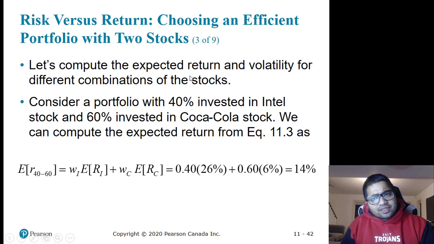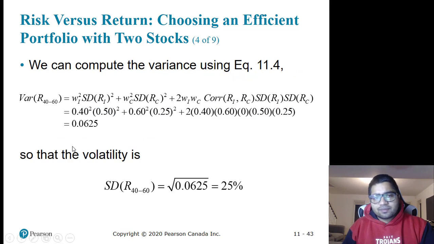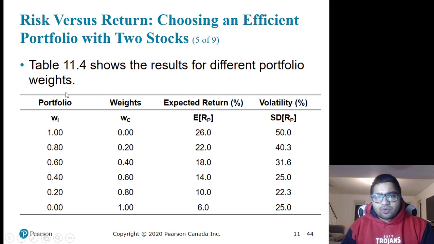Let us compute the expected returns and volatility for different combinations. Consider a portfolio with 40% in Intel and 60% in Coke. We can compute returns, and we can compute risk. So what are they doing?